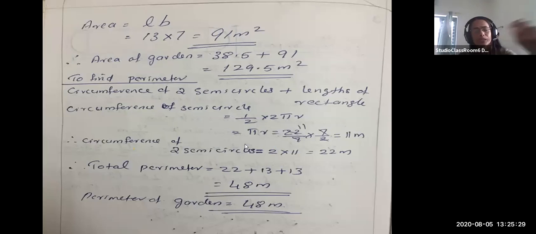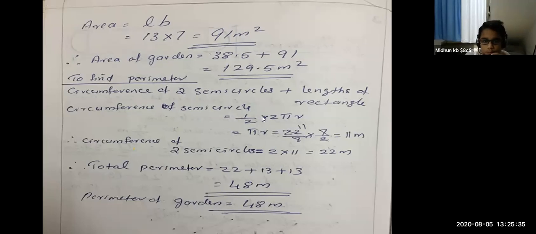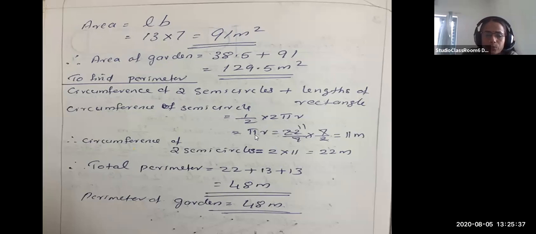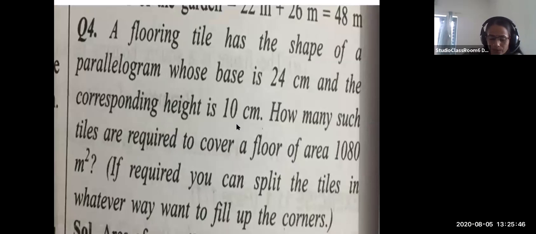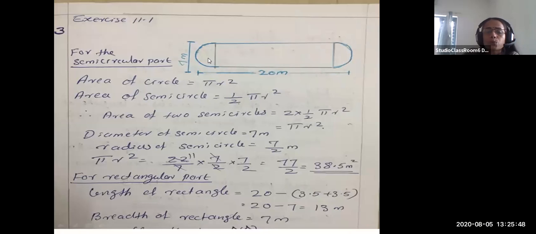Which step you didn't understand, Mithun? 1 by 2 into 2 pi r. Okay, I will explain. Take the figure. In the figure, we have two semicircular parts, isn't it? And we know that for a circle, circumference is 2 pi r.